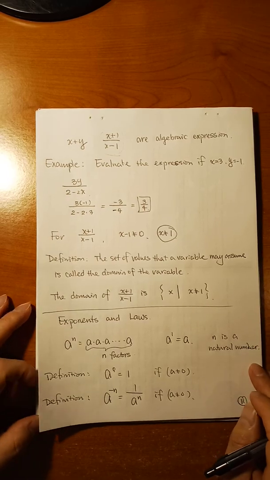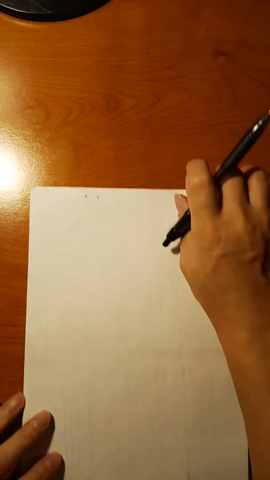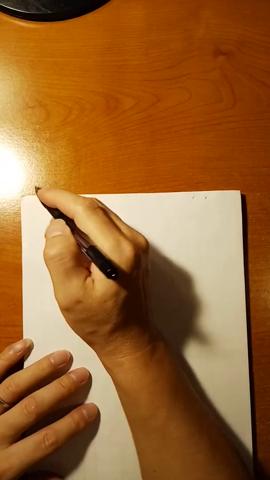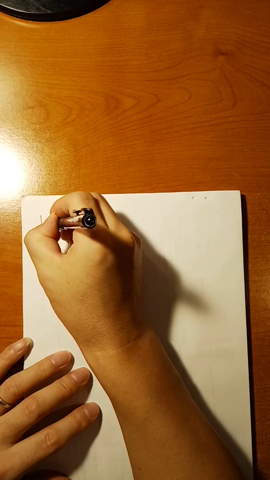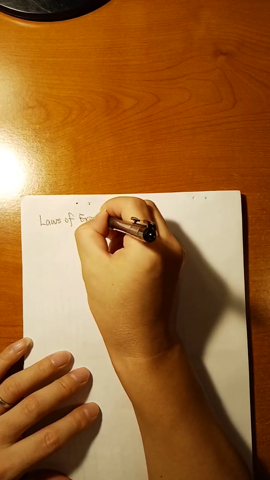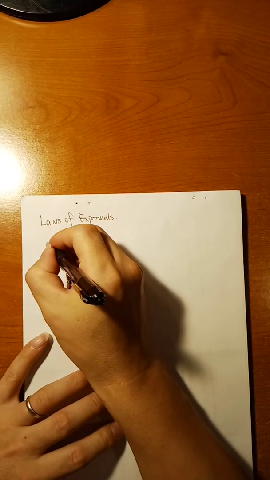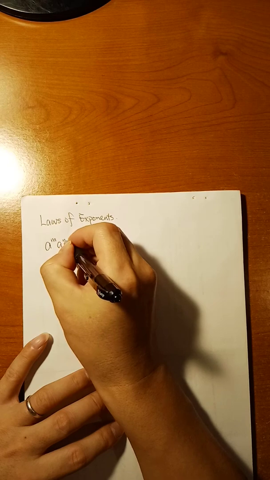Okay, with those definitions, we have the laws of exponent. The laws of exponent are the following. If you have a to m times a to n.